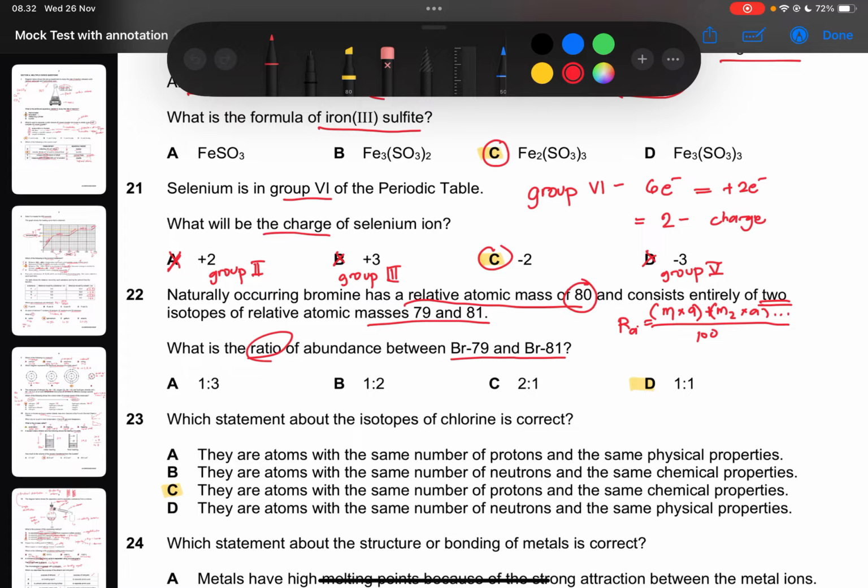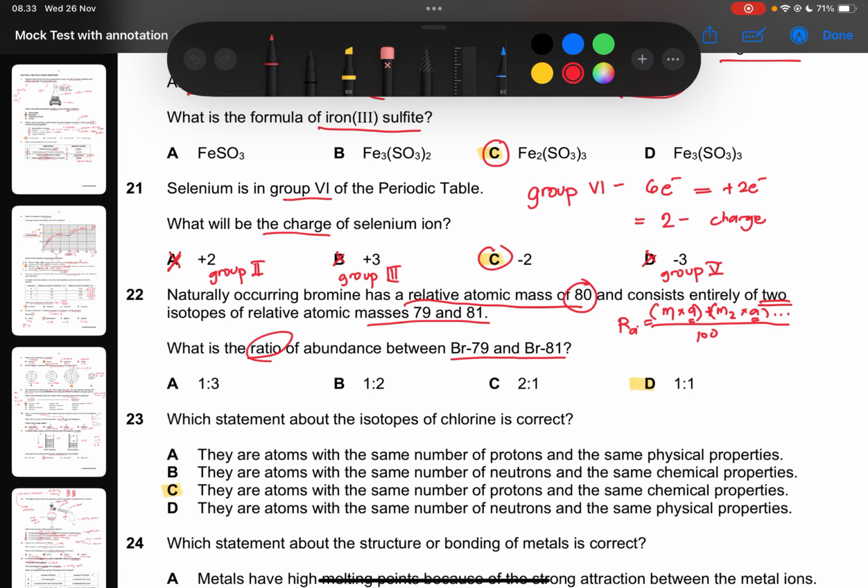If there are 100 atoms of bromine, how much of it is bromine 79 and how much is bromine 81? If you're going to use algebra, you can just assume that the abundance of the first isotope is x, and the second one will be 100 minus x.